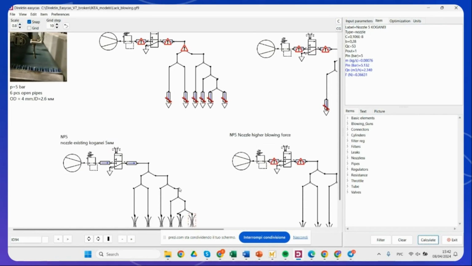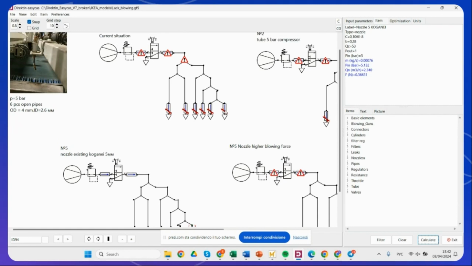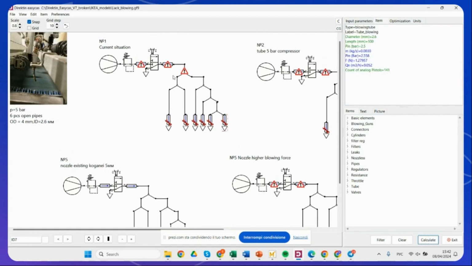So basically they just cut it off and then you have an open pipe here. You can see it performs with a higher pressure, a higher blowing force of 1.2 newtons, and also higher flow rates of 9 cubic meters per hour. So the operators were quite content with this operation. However, as I mentioned before, it causes high pressure drops.